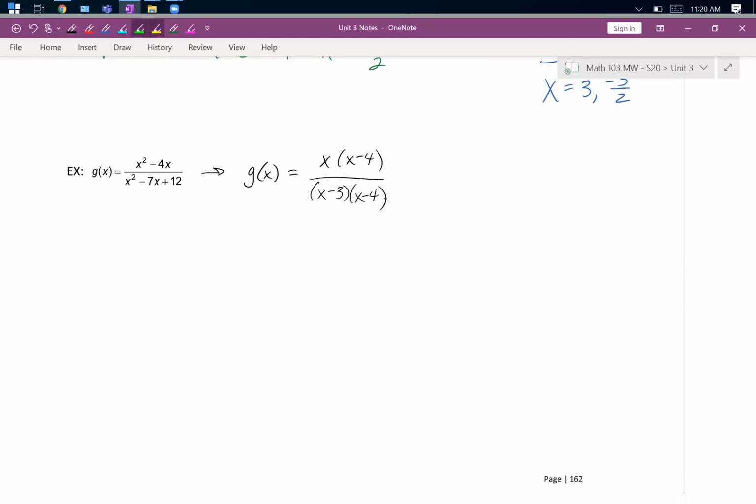So we look and see that this time we do have a common factor, which means that we can simplify our rational function, right? Because these cancel out. And g of x is equal to just x over x -3.